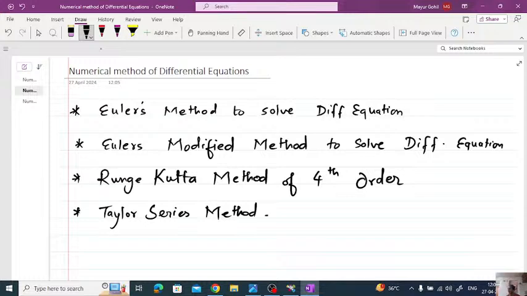Yeah, so let's begin regarding Euler's formula.